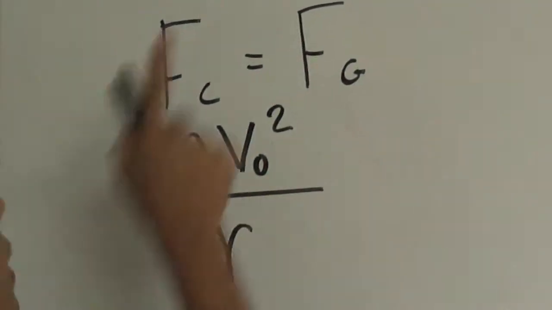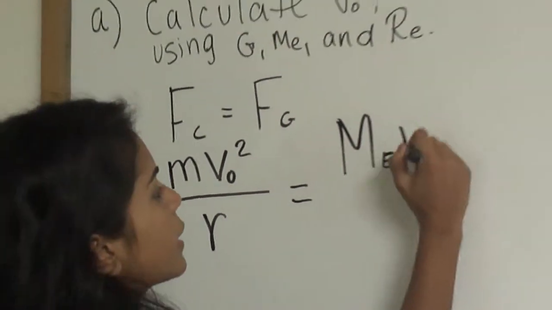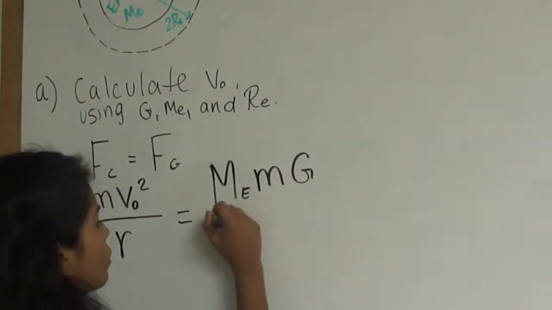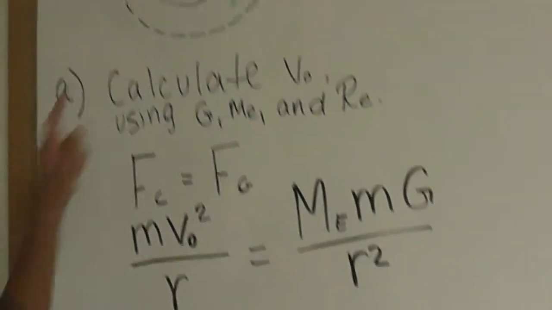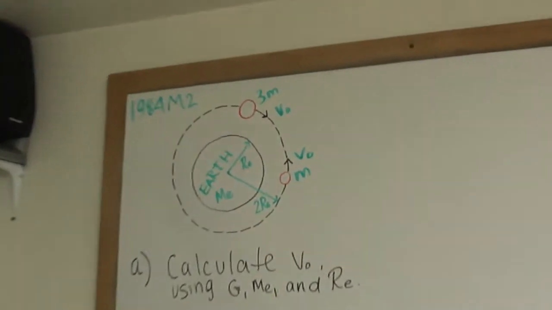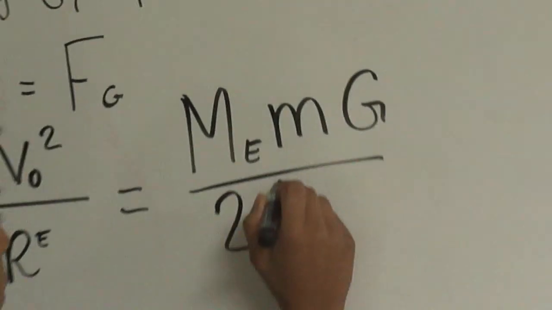We're doing the little satellite first, and it is equal to capital M of Earth, little m, G over r squared. In this case, the r will be the radius of the orbit, so that is 2r, squared.